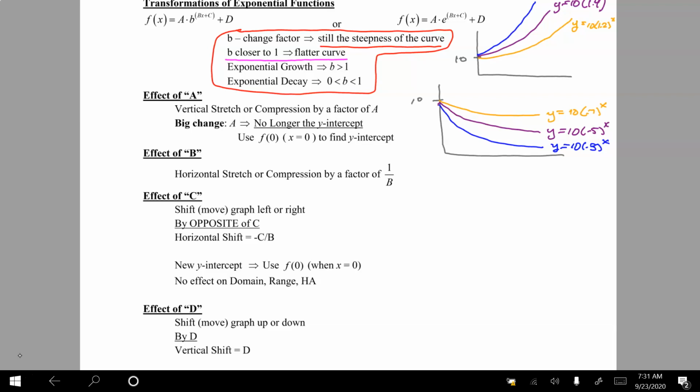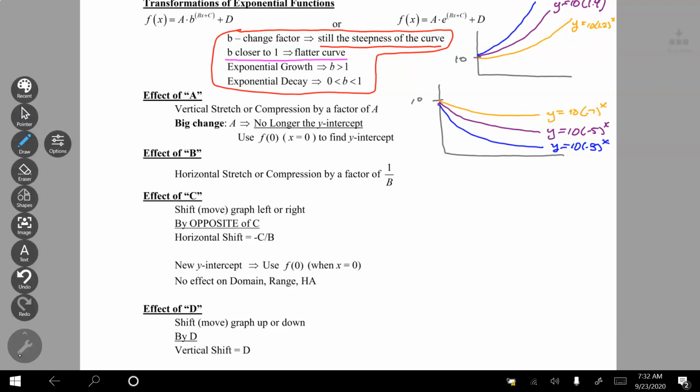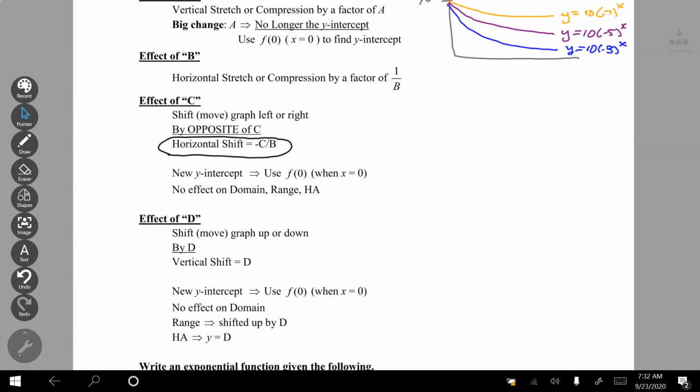B is going to stretch or compress it horizontally. C will move it left or right. Remember, it's still this always, if we have two letters, negative C over B. And then finally, the D value, which is probably the most important, is this shifting up or down, and whatever my D value is, that becomes my horizontal asymptote.